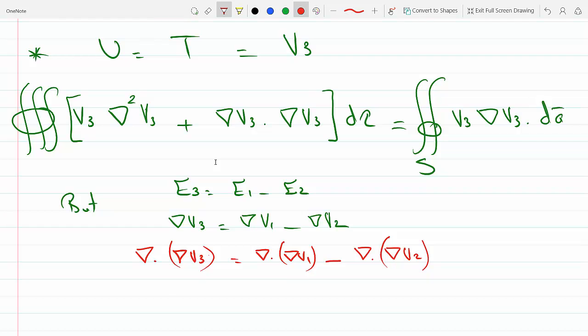And so this becomes the Laplacian of V3 equals the Laplacian of V1 minus the Laplacian of V2.